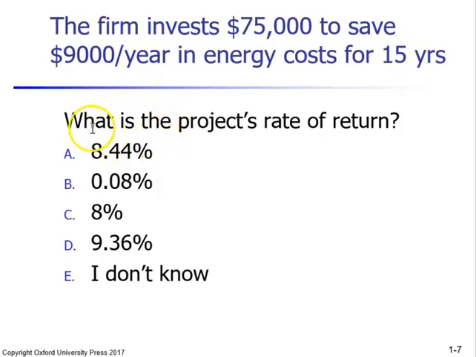So here it is asking you, what is the project's rate of return? In fact, you are going to calculate the rate of return that makes those two cases equal. And of course, under that rate of return, we can decide if we want to go for that investment or not. Stop the video and calculate the rate of return.